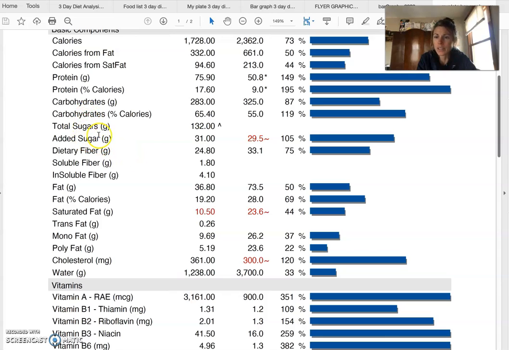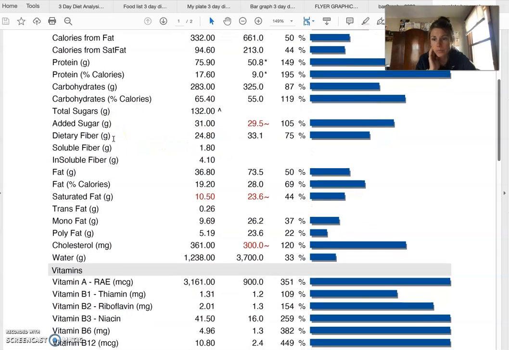This was interesting though. In some form or fashion, it seemed that it didn't calculate the added sugars as much as I thought it should, where some of you maybe had cookies or yogurt or a soda or something, and it seemed like your added sugars should have been a little bit higher, and it wasn't. So I don't know how accurate this is at this point with NutriCalc, but it's an interesting subcategory nonetheless.